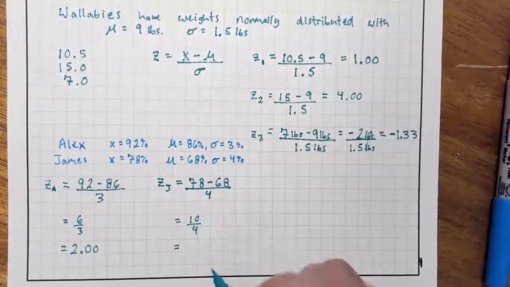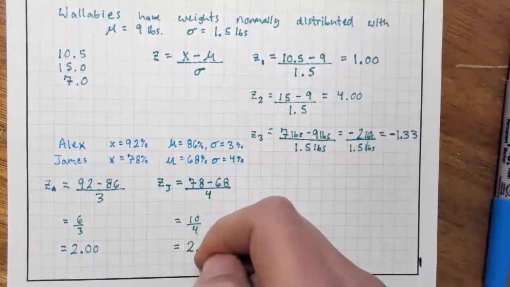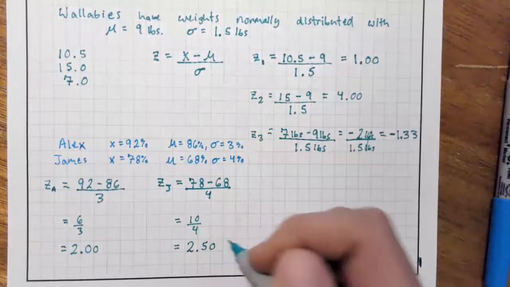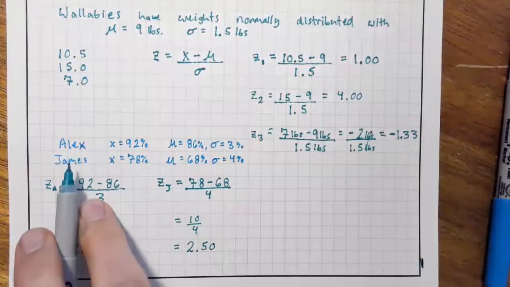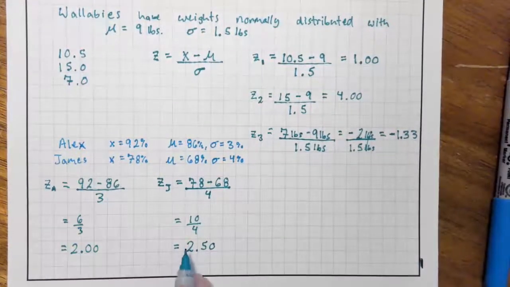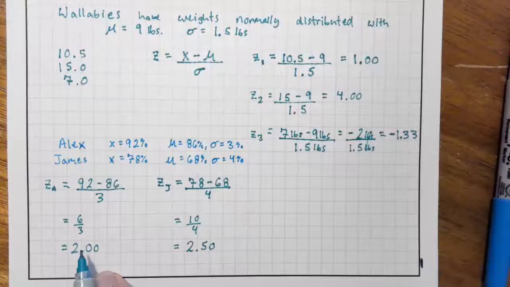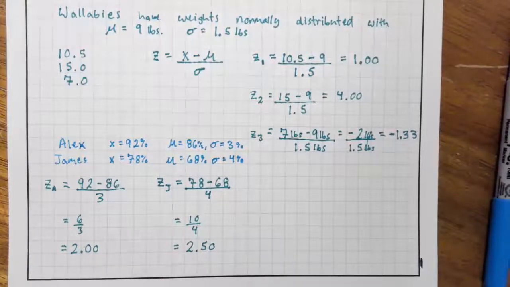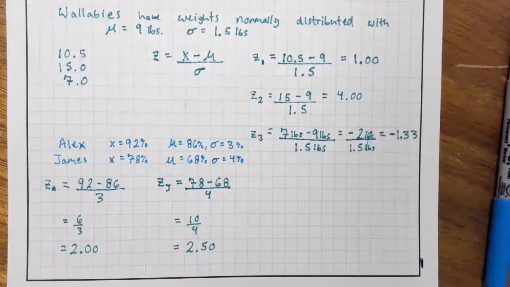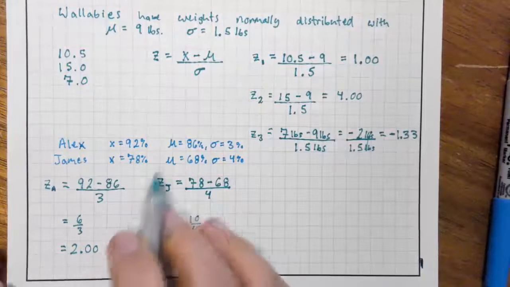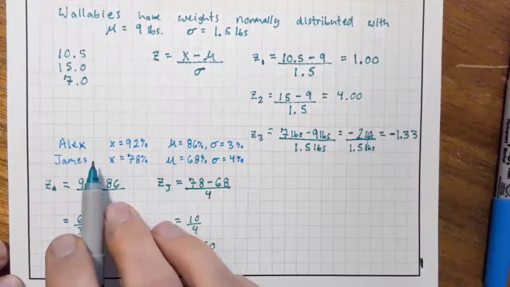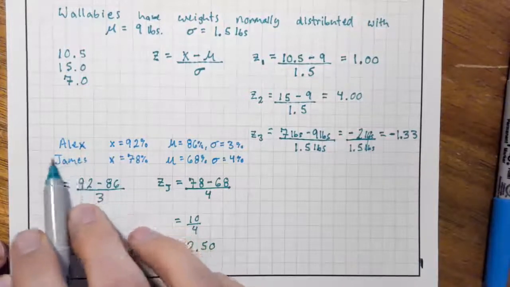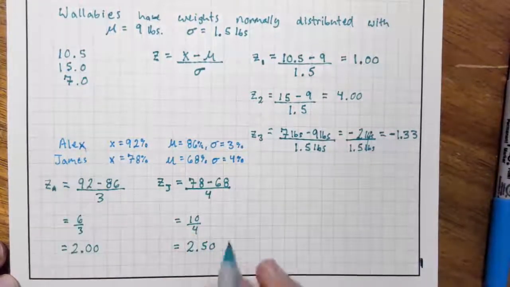And hey, so his z-score is a 2.50. Okay, so James was further away from the mean than Alex was. So when we're talking relative to their classes, James actually performed better. This class performed better as a whole, but compared to their classes, James did the best because he has a higher z-score in this case.